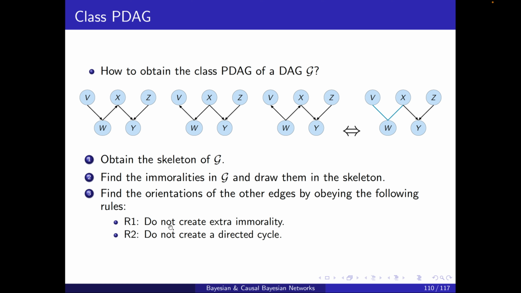That is rule 2. Rule 1 is that they do not create extra immorality. So here, for example, I cannot connect X to W and V to W at the same time, because then I'm creating a new immorality and then they no longer satisfy the condition of the theorem. So any other ordering is fine, as long as they satisfy these two rules.